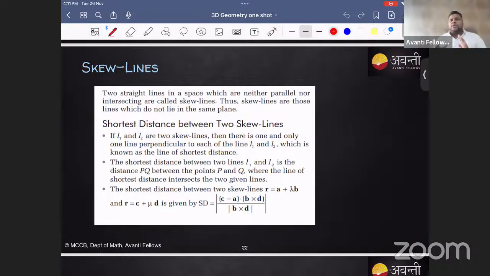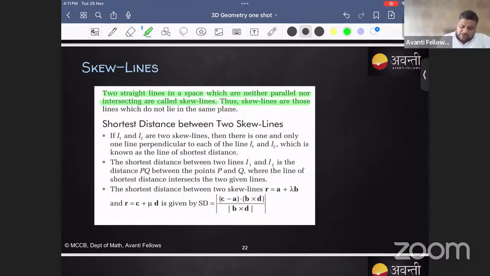So first of all, what are skew lines? Tell me. Skew lines are basically the lines which are neither parallel nor intersecting. So two straight lines in space which are neither parallel nor intersecting are called skew lines.